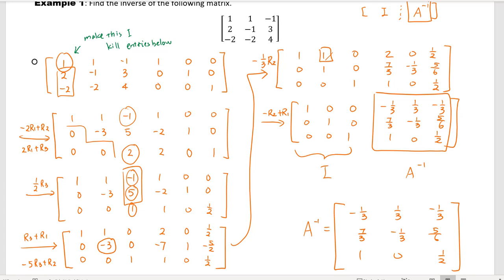And then usually the next step is make the 2,2 entry 1, and then kill the entries below it, right? And then the next step, we make the 3,3 entry 1, and then we want to kill the entries above it.